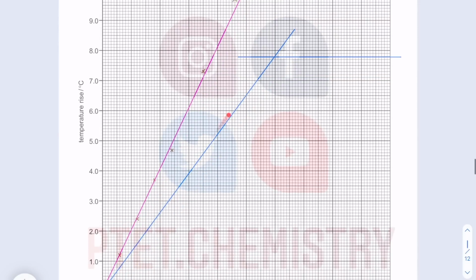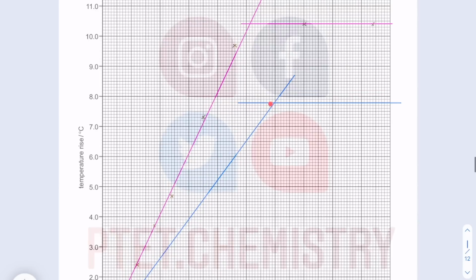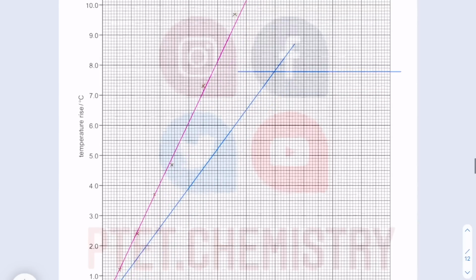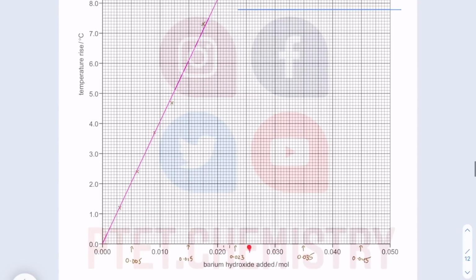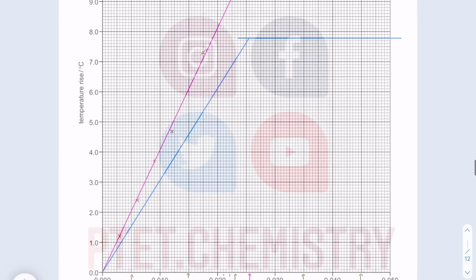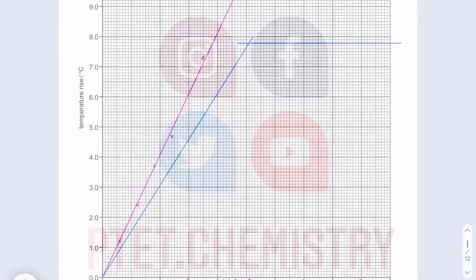It's a weak acid, there is less H plus that it dissociates into in solution, and therefore less extent of neutralization because you have less H plus in solution, and therefore you don't produce as high a temperature rise. In fact, I have made a mistake. It shouldn't be that. Remember that on our x-axis, it has to cut through there. All right, so I guess that is better, and I can extend this a little bit. Okay, so that looks better.